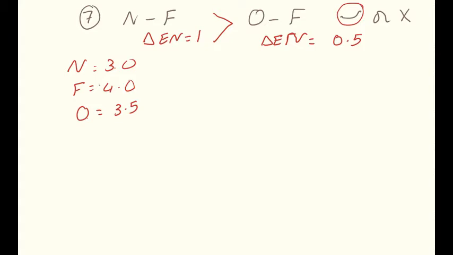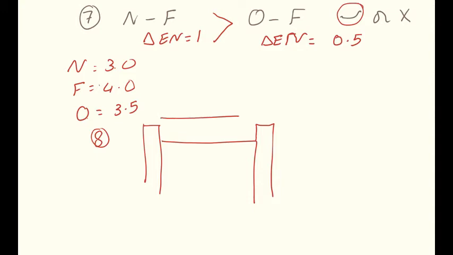Question 8: the most electronegative element is, as you have learned before, for the values of electronegativity, when we go from left to right, the value of electronegativity increases. And as we go down, the value of electronegativity decreases.